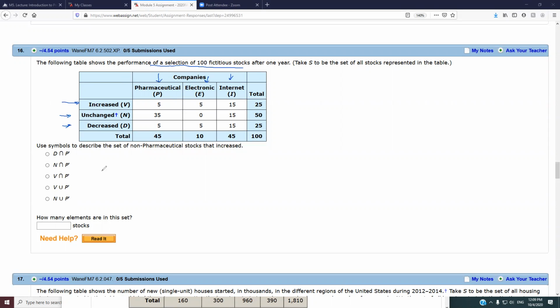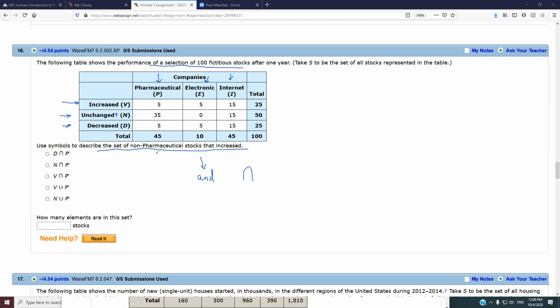All right, here's what they say. Use symbols to describe the set of non-pharmaceutical stocks that increased. So to be in this set, you have to be a non-pharmaceutical stock and the stock also had to increase. So this is really an "and" kind of combination, but "and" is really an intersection.